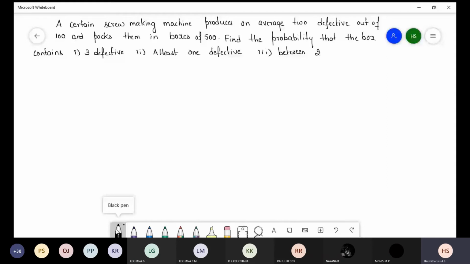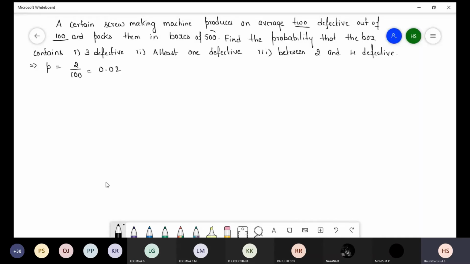So here we have to find out the value of p. Here 2 defective out of 100, so p is equal to 2 by 100, which is 0.02.